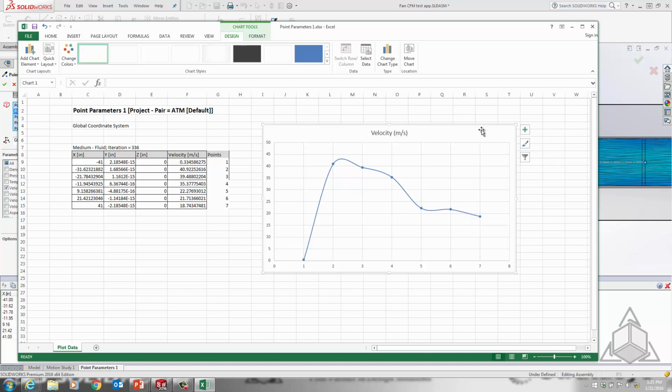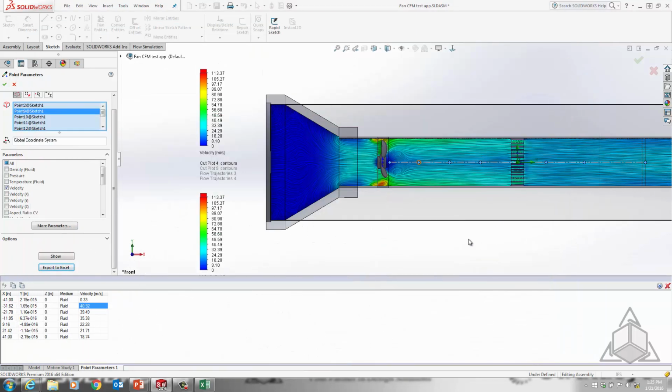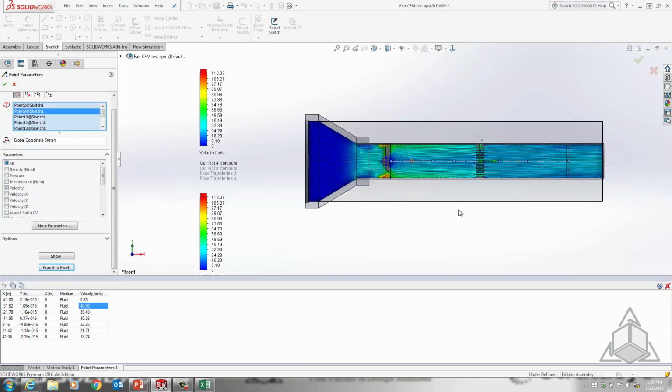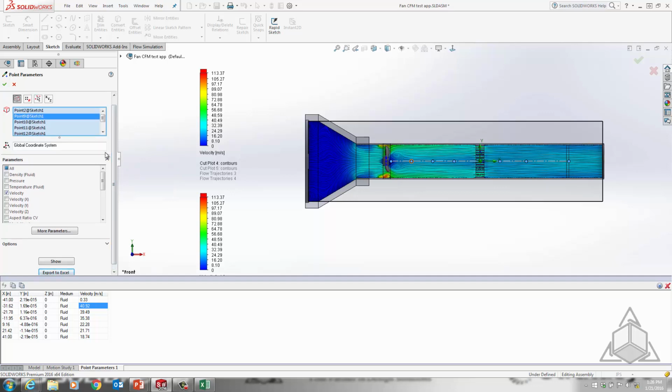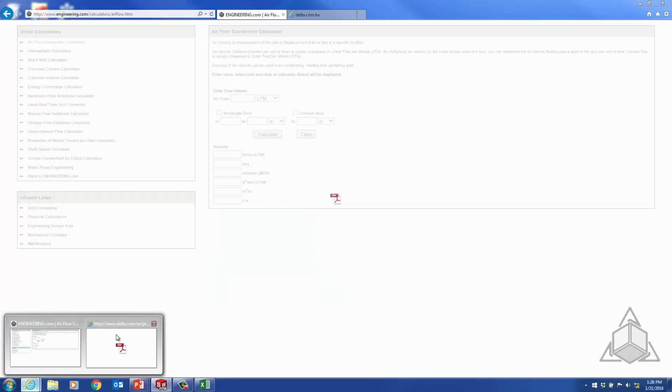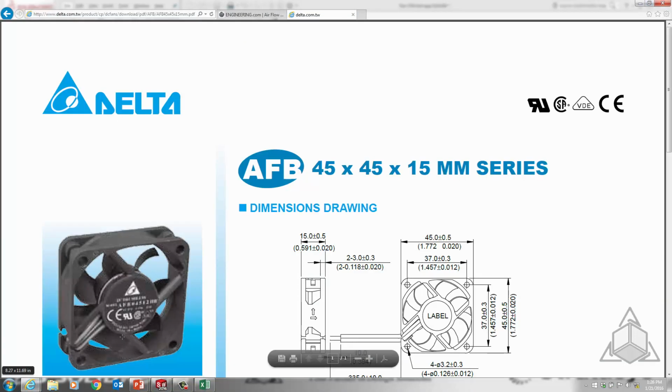Okay. All right, so I think we've answered the first two questions. How do we gather our pressure, and how do we also gather our velocity? Now the last question, right? If you want to put together all these different values and get some CFM chart. If you're not familiar with this, some of you may have gone out and bought some fans.